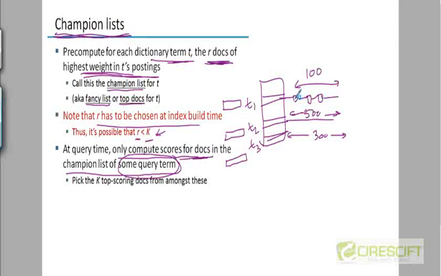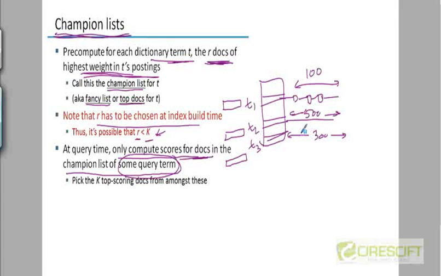Of course, if the document appears in only one of the lists, then it has to be marked as champion in that list. If it appears in two of the lists, it has to be marked as champion in either of the two lists. If it appears in all three of these lists, it has to be marked as champion in at least one of the three lists. So as long as a document is marked a champion, then we will do the cosine score computation for that document.